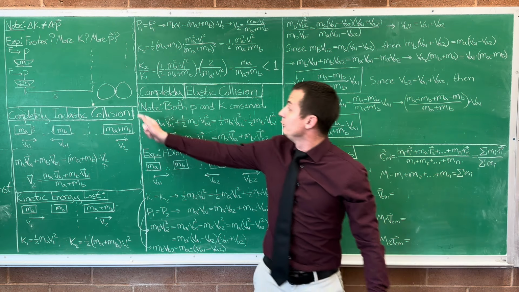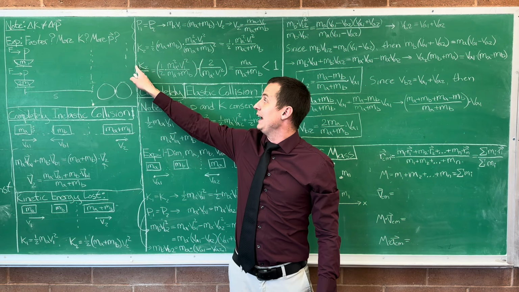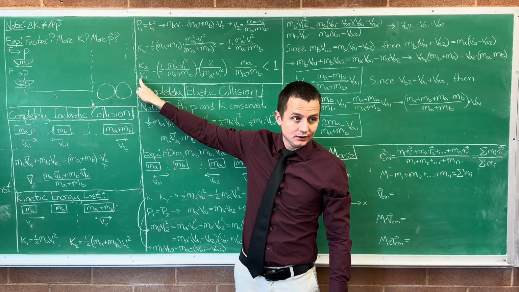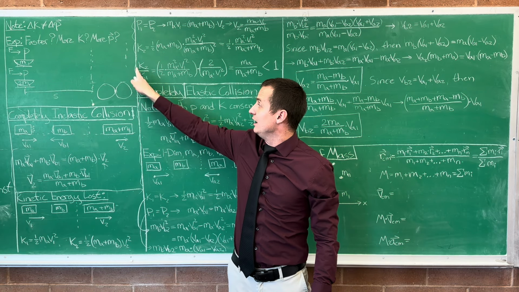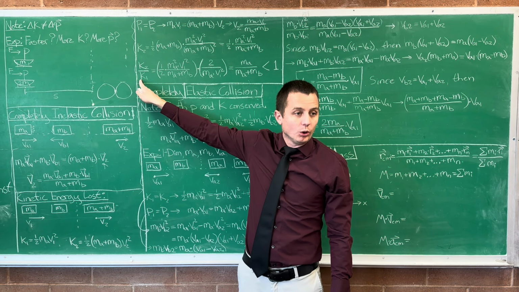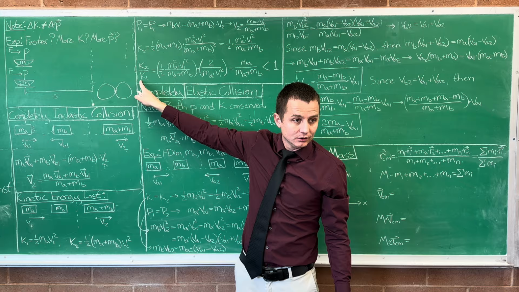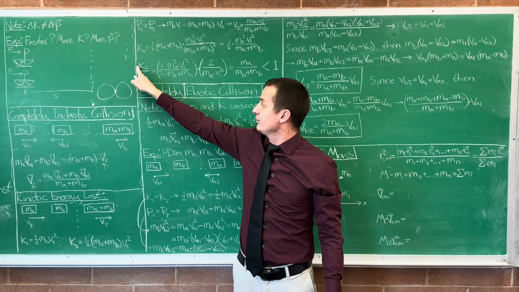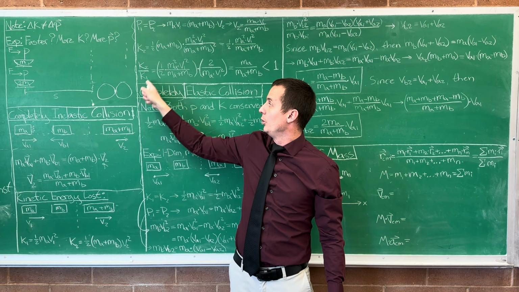Now, what I'm going to be interested in is K2 compared to K1. If kinetic energy is conserved, then K2 over K1 should equal 1. If K2 is smaller than K1, if we lost kinetic energy, then this ratio will be less than 1.